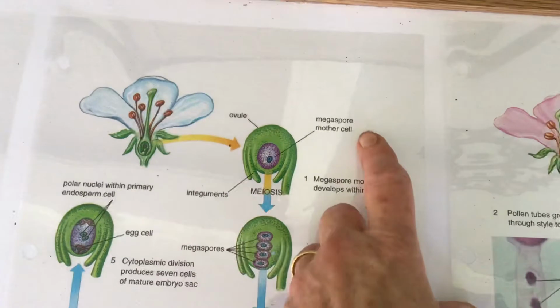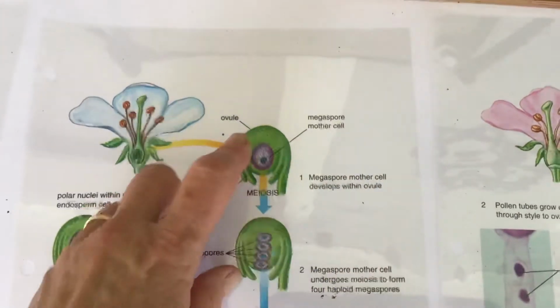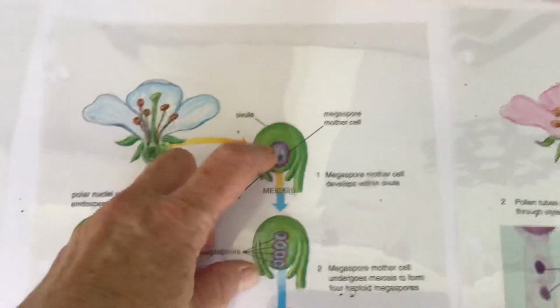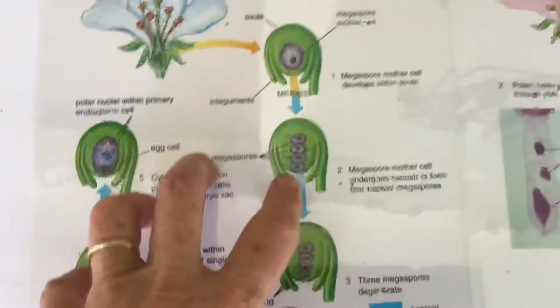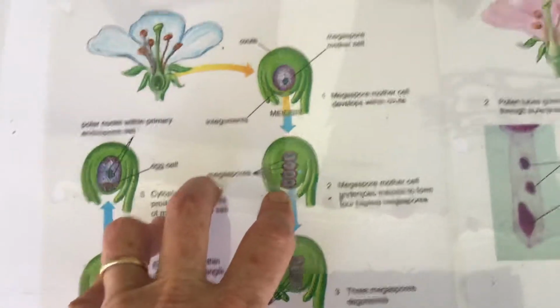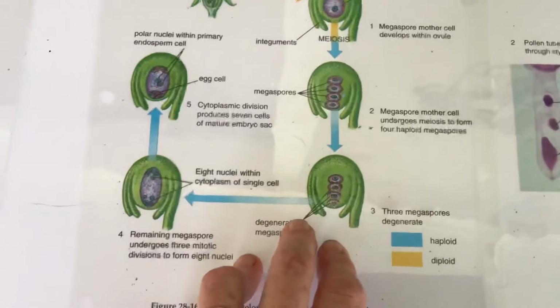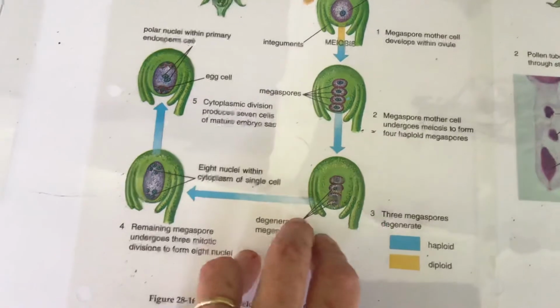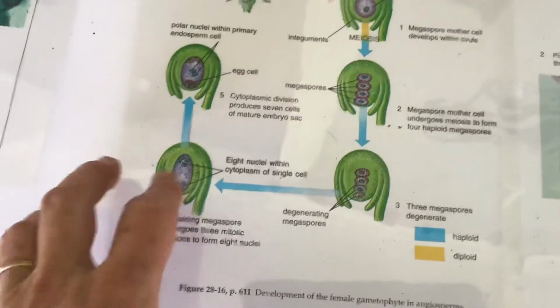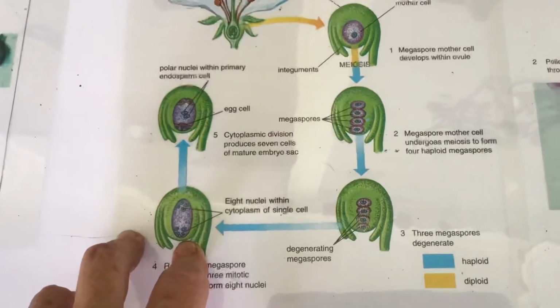And then anyway, the megaspore mother cell is going to undergo meiosis and create 4 haploid cells, okay? And then those are going to do mitosis and create another cell each, so that makes 8 cells total.